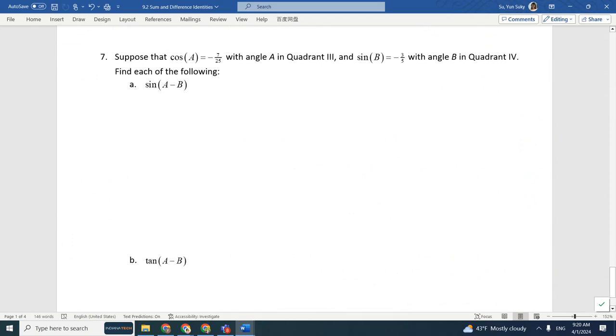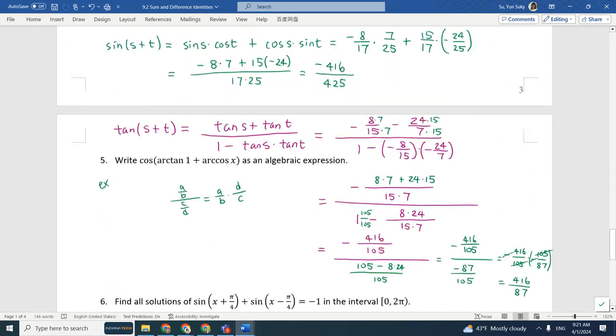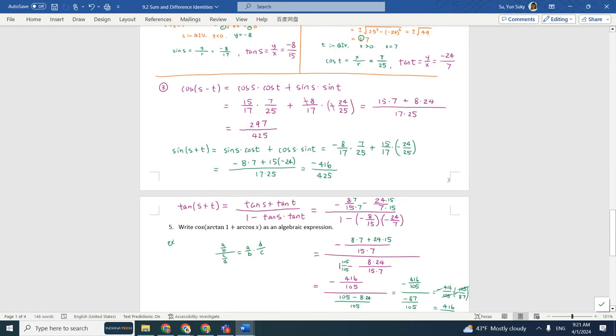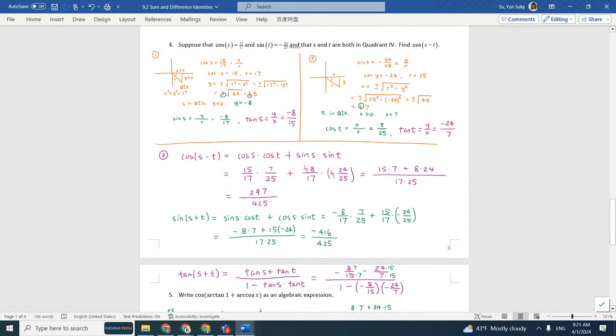Can I let you try this at home and then check your answer with the notes on the website? It's going to be like this problem, 3 steps.